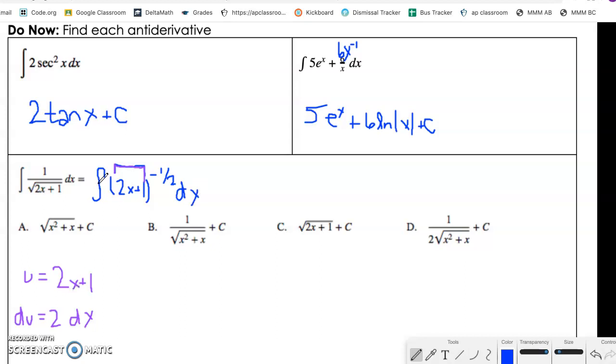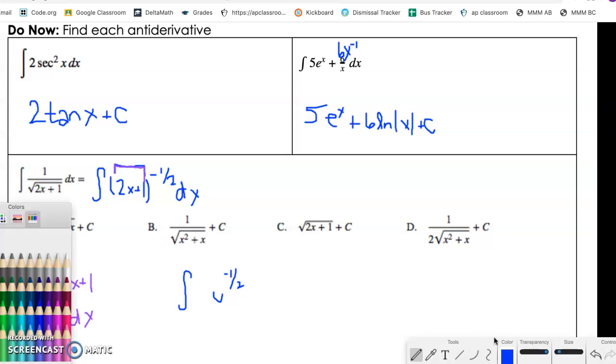So when I look back at this original integral, it's really easy to substitute that u in, right? I see that 2x plus 1, and so I can go ahead and say that's going to be u to the negative 1/2.